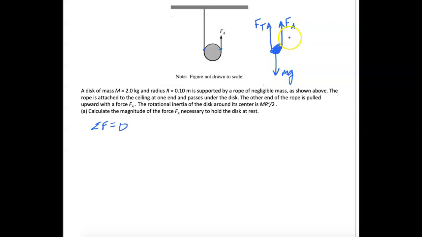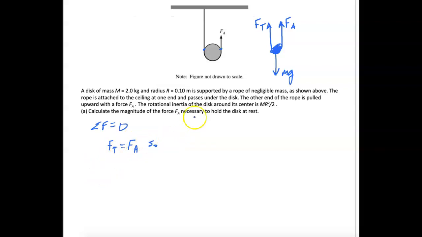And so you know from just doing any type of statics problem that these two forces need to be the same. And if they are the same, we're just going to say here that the force of tension is equal to that applied force. Now, if one of them was larger than the other one, then the system would accelerate upwards. But right now they are the same. So we're going to say FT equals FA.